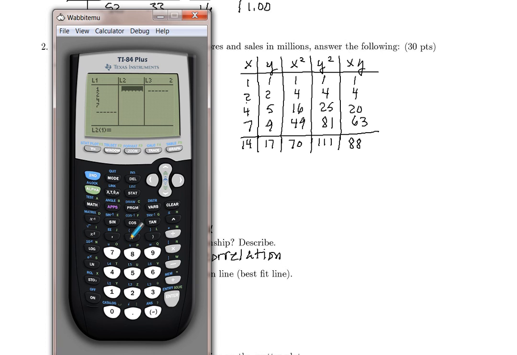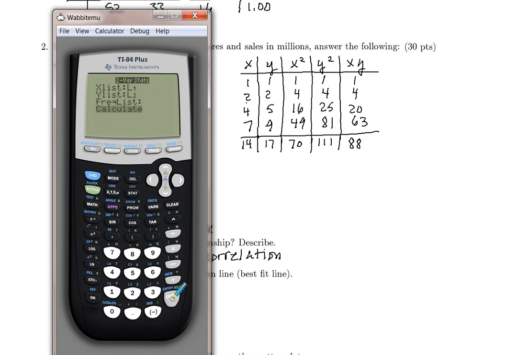Then arrow to the right, 1, enter, 2, enter, 5, enter, 9, enter. So there's our list. And then you go back to Stat, remember, over to Calc, and down to 2-Var Stats. Press enter.